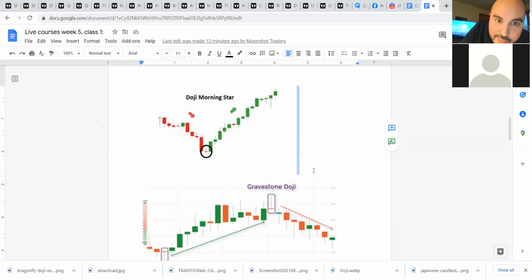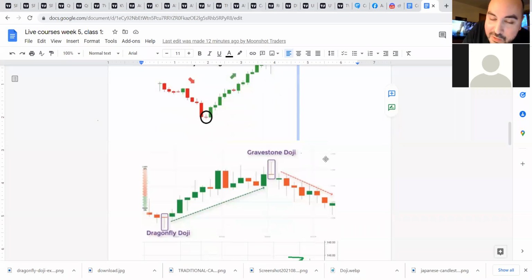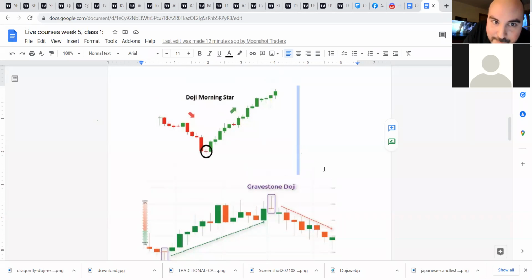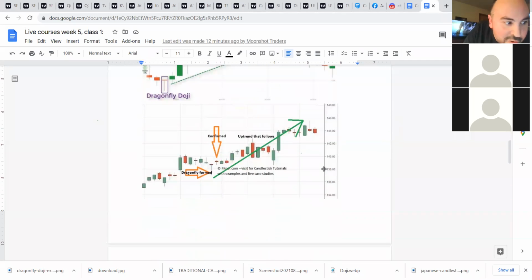But I'll show you some examples, and you'll see the pattern, even though it might not be a perfect Dragonfly doji. You'll see the downtrend, you'll see this, and then you'll see the next candle going higher, and that'll be your indication. So just a reminder, it's not always going to be perfect. So that's your morning star doji.